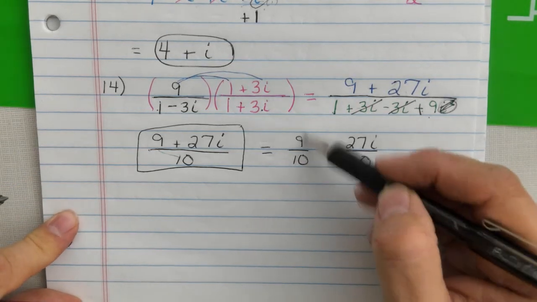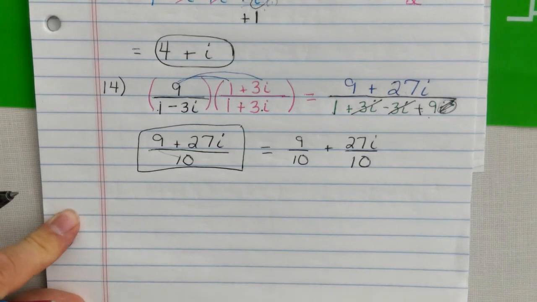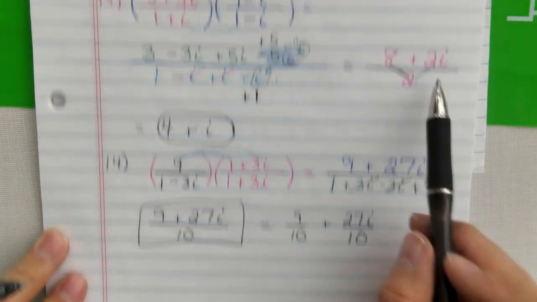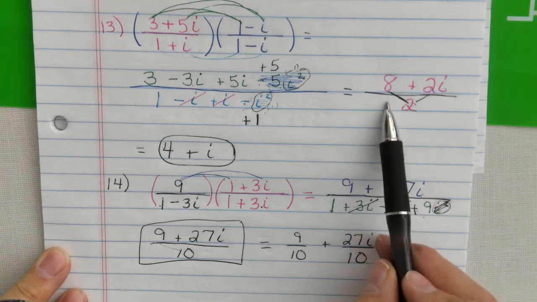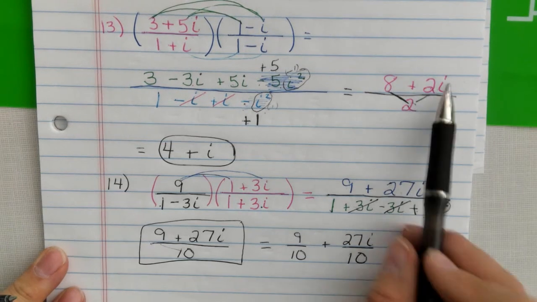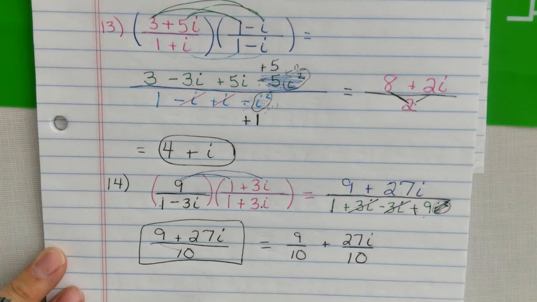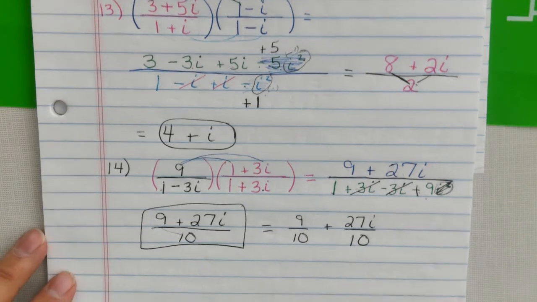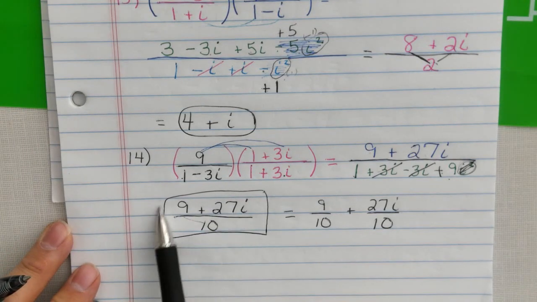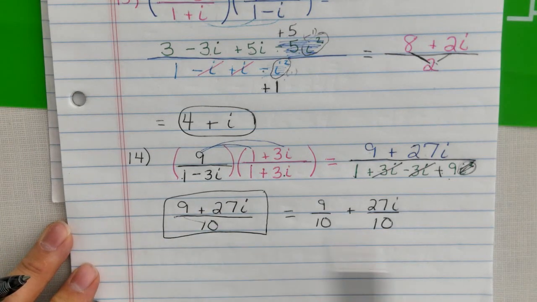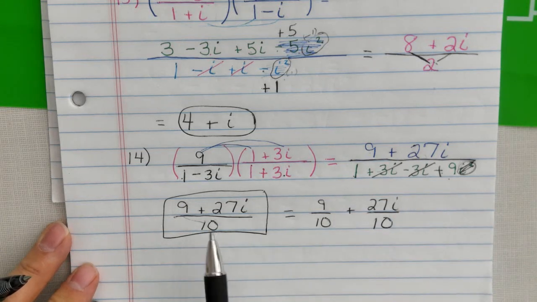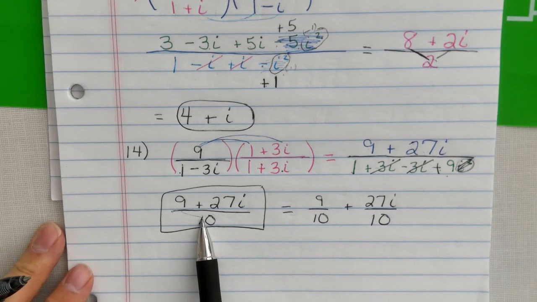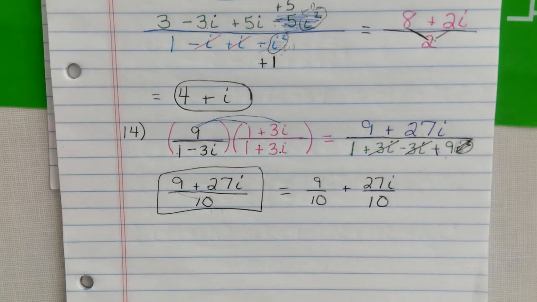But since you couldn't cancel anything, you don't have to separate it. Here on this one, yeah, you can cancel. Okay. That's why you had to separate it. Okay? And so I think it's probably easier to type this one in, just one fraction, versus this one. That's why I'm typing it in like that. Okay? Okay, good question. Another question?